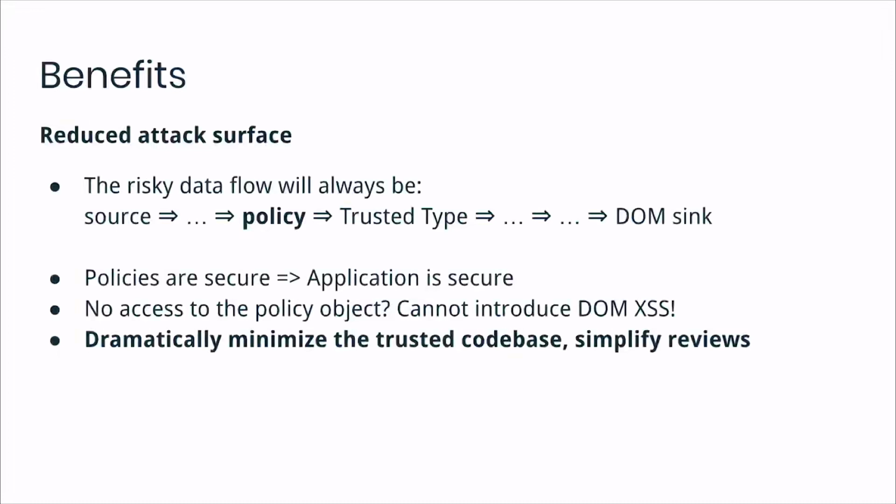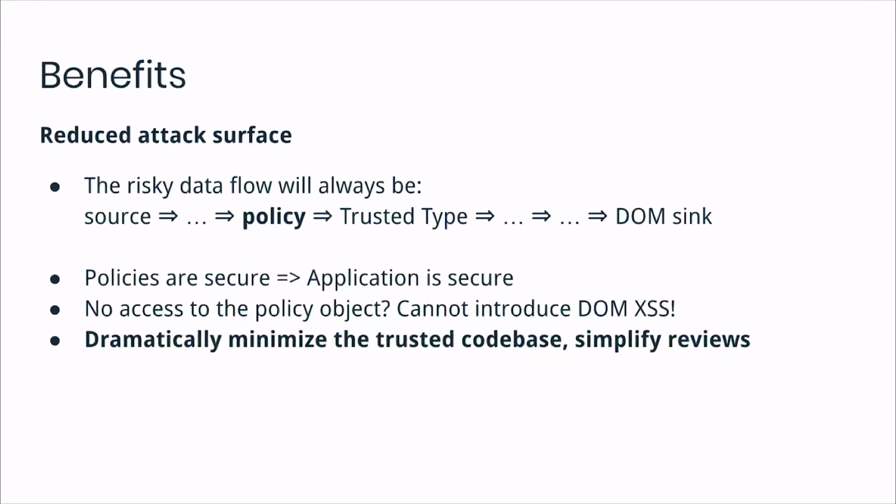What benefits does it bring us? First of all, we have a dramatically reduced attack surface for the applications. What previously used to be those 60 functions, and any time a string was passed and the string was attacker controlled, we had an XSS. Now, every risky data flow has to necessarily go through the policy, right?